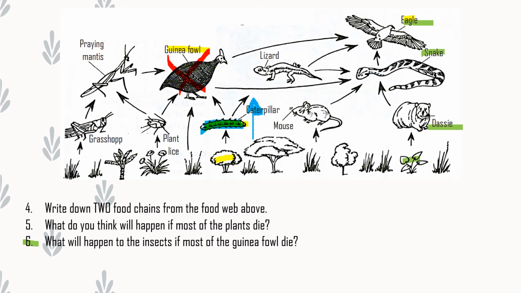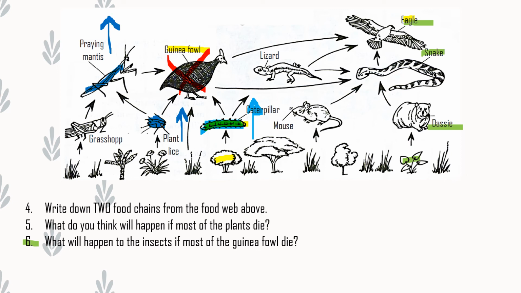And next one, the plant lice. The guinea fowl also eat the plant lice. So the plant lice would also increase in number because they don't have a predator that would prey on them anymore. Then the praying mantis, also an insect, is also eaten by the guinea fowl. So the praying mantis numbers would rise.